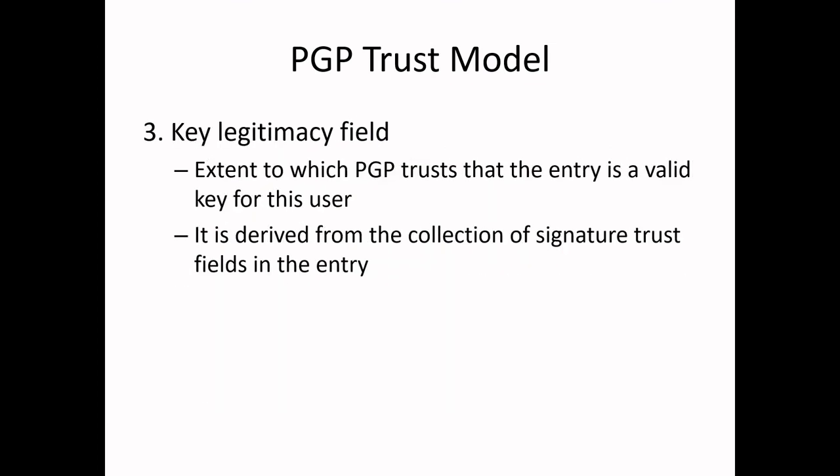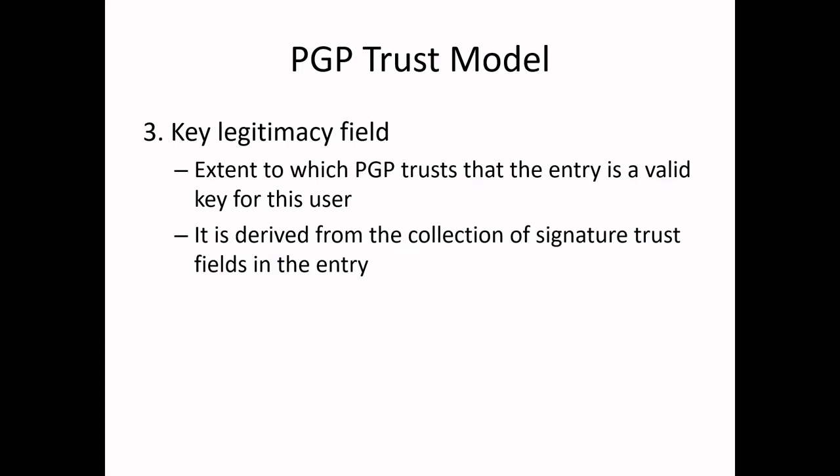Now, the third thing is the key legitimacy field. This is the extent to which the PGP system trusts that this particular entry for the public key is a valid key for this user.